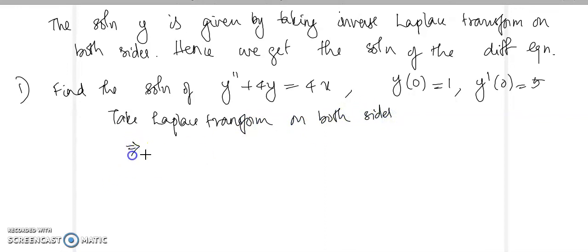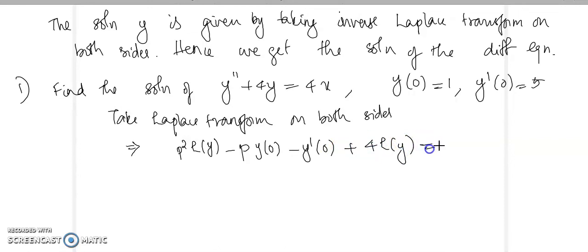So that implies you will get p square into L of y minus p into y of 0 minus y dash of 0, plus 4 L of y will be equal to 4 L of x.